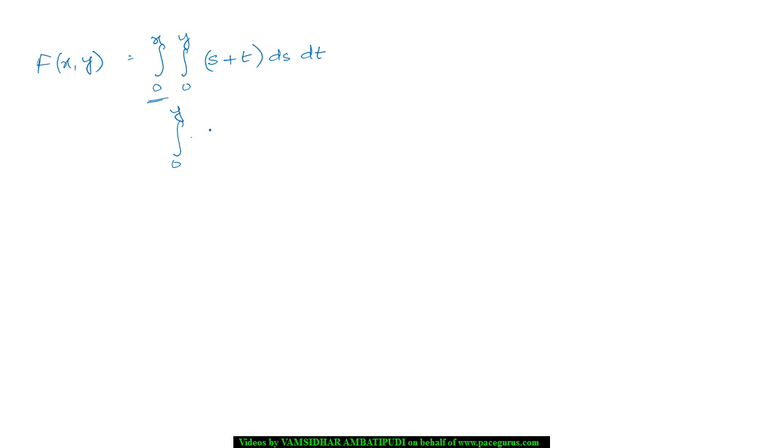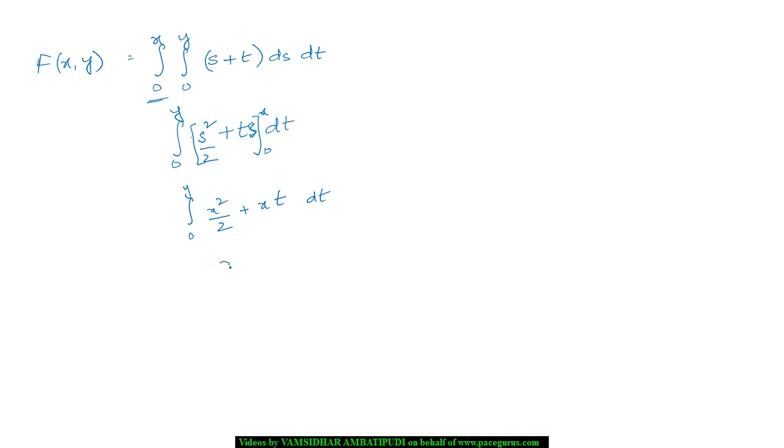So s becomes s squared by 2, and I am taking t as a constant, so t becomes ts. I am integrating it between x and 0. So it is 0 to y, x squared by 2 plus xt dt.